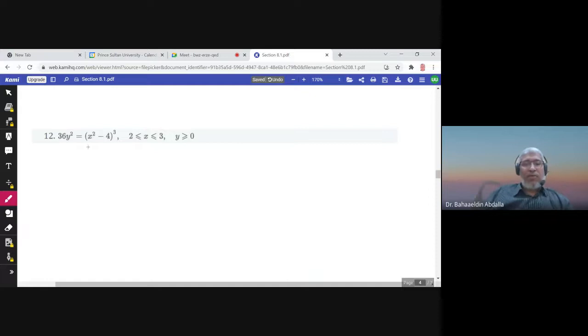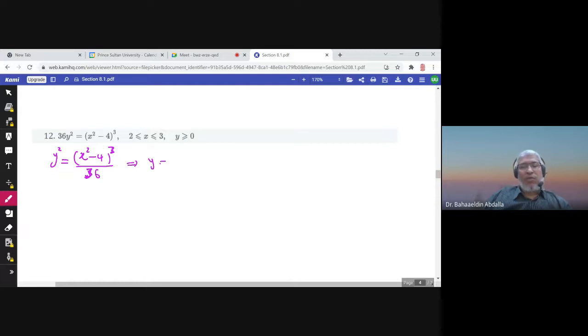Well, here to find the arc length, x is from 2 to 3. So I need to solve this equation for y. I need y to be written as a function of x. So let me first find y squared by dividing (x squared minus 4) to the power 3 by 36, okay, the number 36.